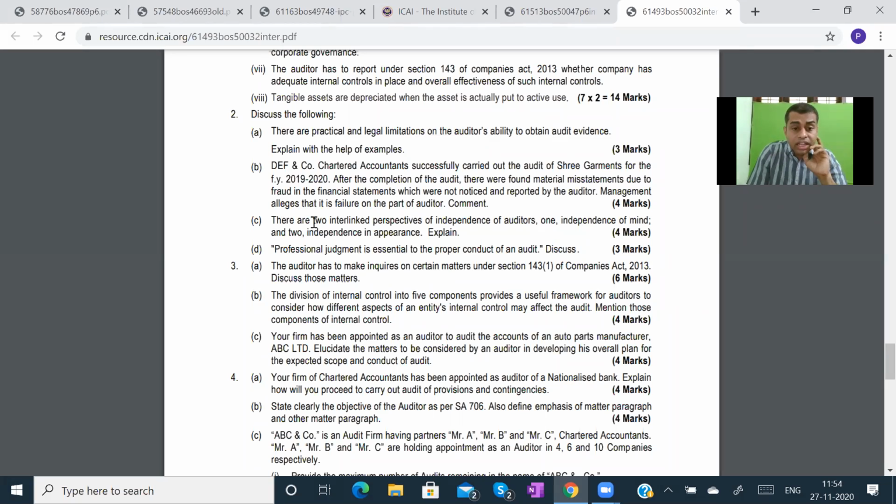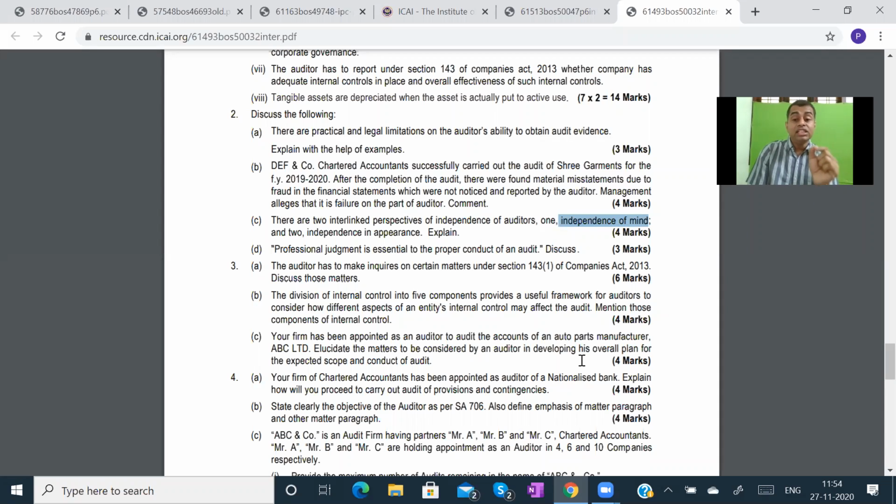So look here, there are two interlinked perspectives. One is independence of mind. So you write independence of mind, underline, and under that you write: auditor should be independent of the management. Auditor should not have any influence or bias.